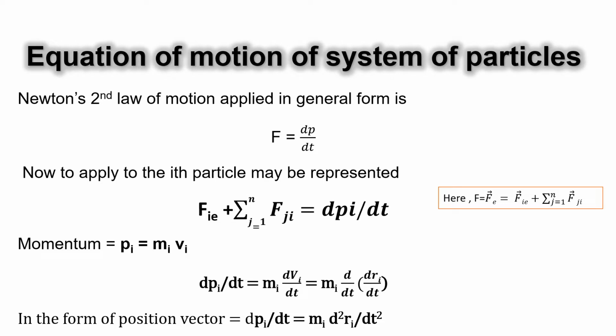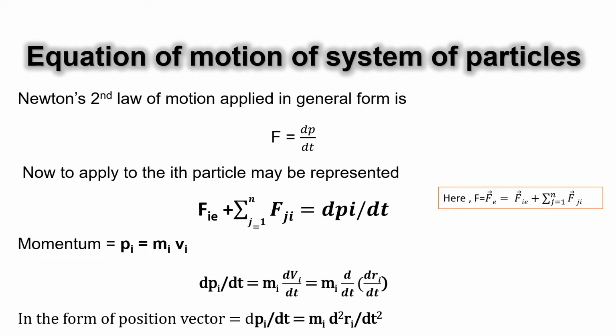Now we apply that to the ith particle. As we discussed, we consider the effect on the ith particle in a system of particles, where one kind of effect is discussed and then applied to the whole system. So here we can write F_i^e, that is the external force, plus the summation over j equal to 1 to n of F_ji, that is the internal forces.